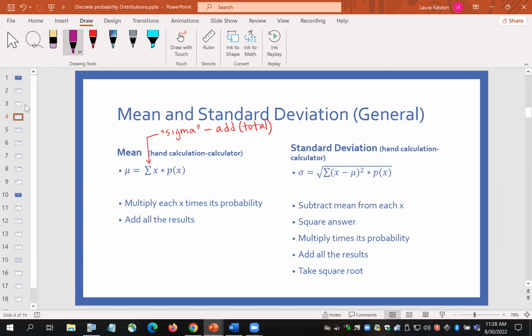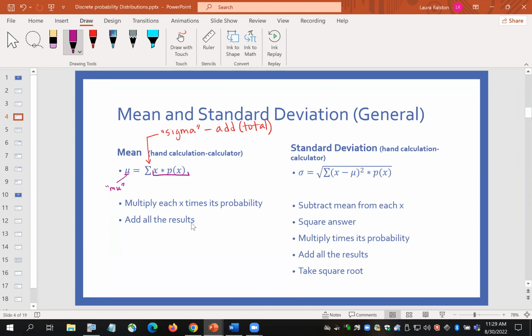So this is telling me to add together each x times the probability of x. I wrote it out in words here for you: you multiply each x times its probability, and then you add up the results to get the mean. This Greek letter mu always represents the mean of the population.